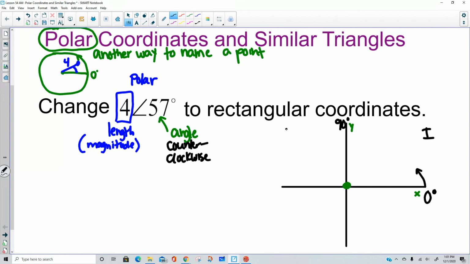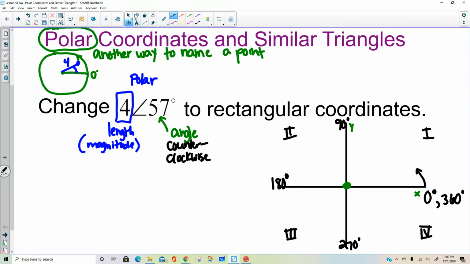Quadrant 2 here is all the angles that are between 90 and, adding another 90, gets us at 180. Then down here in quadrant 3, these are all the angles between, let's see, we have to add another 90, so that gives us 270 degrees. And then finally, quadrant 4 are all of the angles that are between 270 and we complete the circle. So starting at 0, we end at the same place, but we've gone 360 degrees. So you can kind of see that circle there, right?